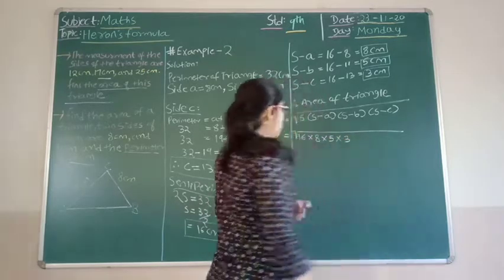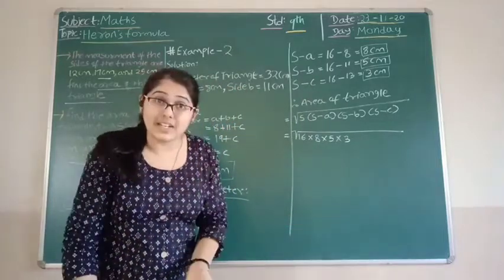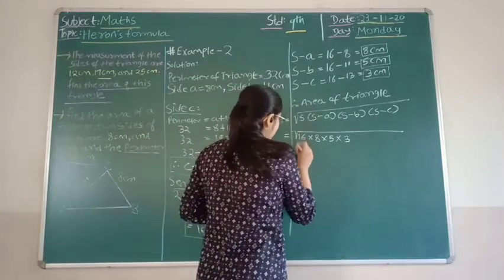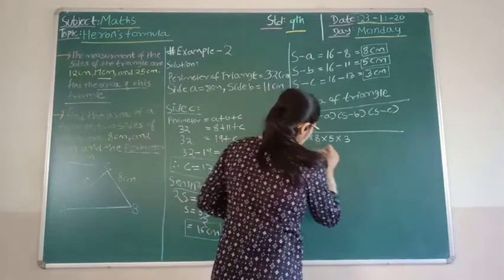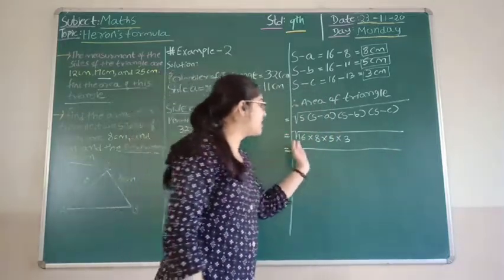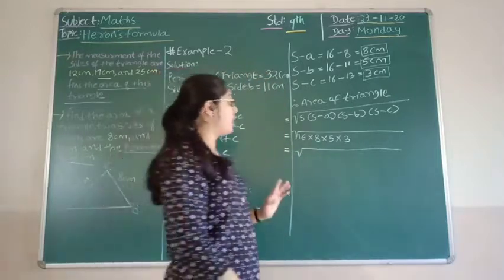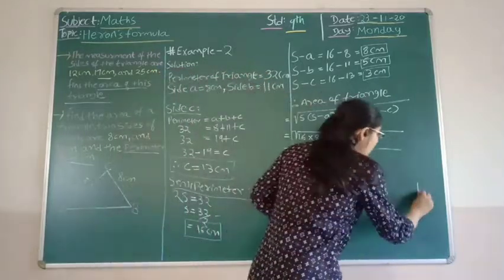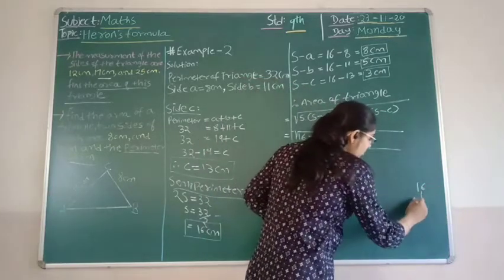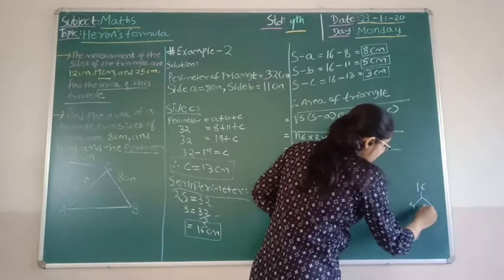Now students, we need to factorize it as I told you. If we see, 16 and 8 are even numbers, they can be factorized by 2. If I need to factorize 16, I can write it as 4 multiplied by 4, which is 16.